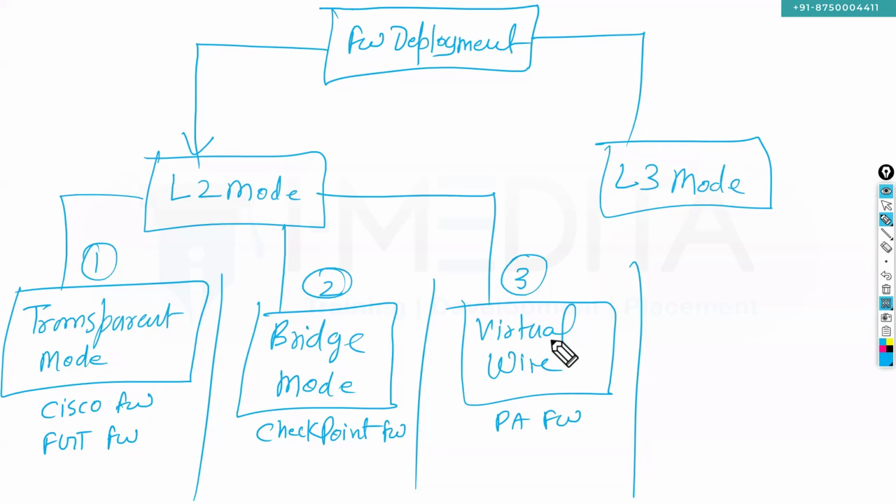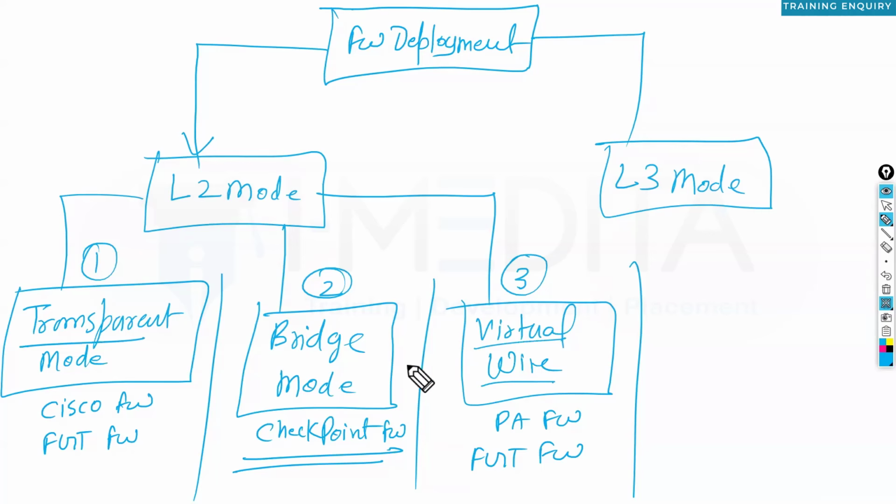Virtual wire is provided by Palo Alto, yes, my firewall also supports virtual wire mode. Bridge mode is only available in Checkpoint. So Checkpoint provides L2 mode only with bridge mode, while Cisco, Palo Alto, and FortiGate provide L2 mode with the name of transparent mode and vWire mode.